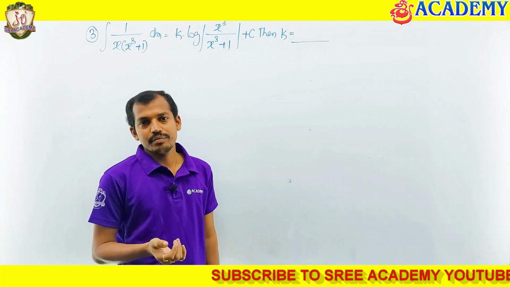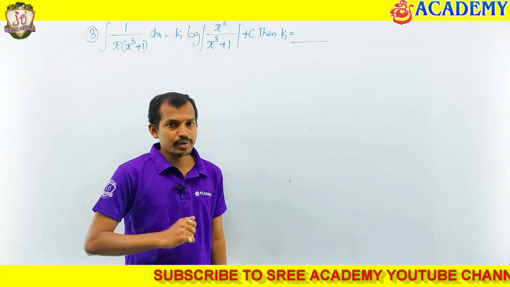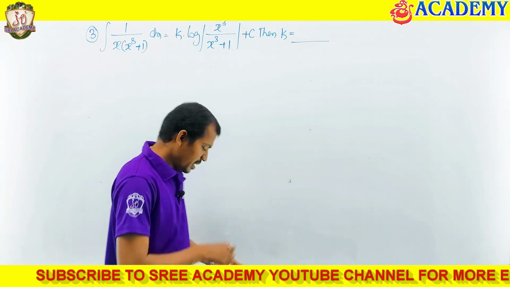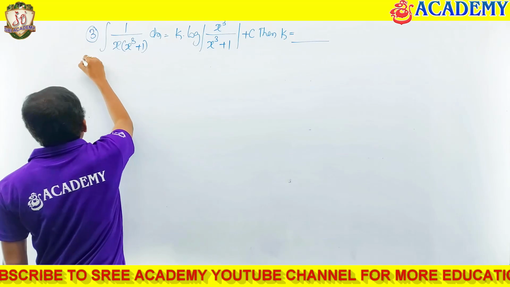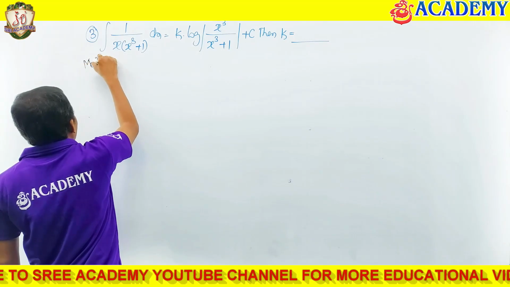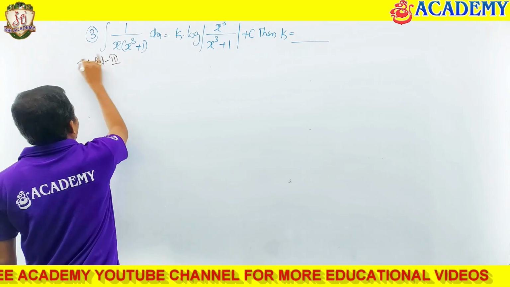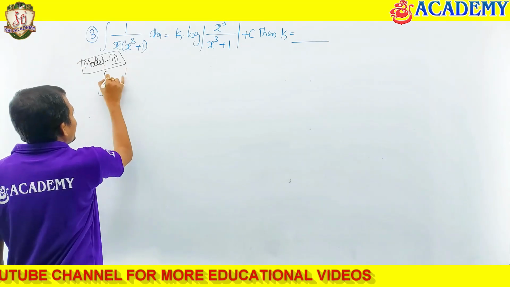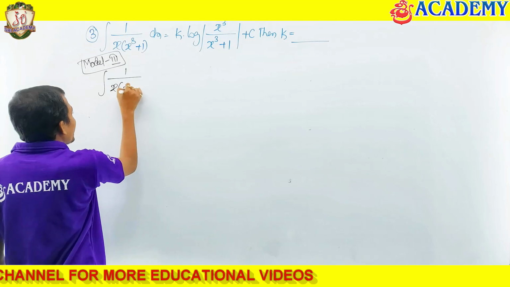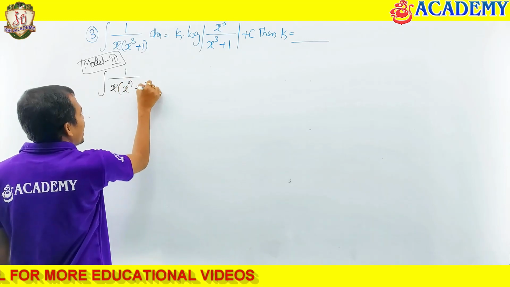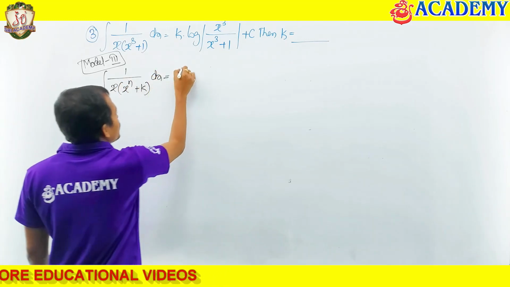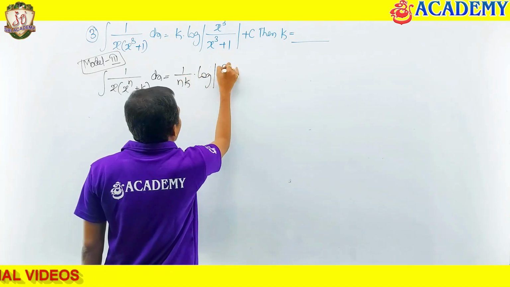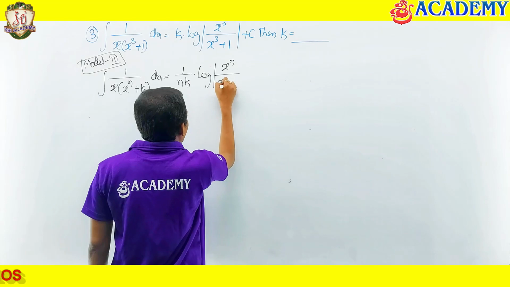Already I said with some results I am going to discuss the problems here. Here also I am going to give one more result, naming this as one more model. The formula is integral 1 divided by x into x power n plus k. The answer is going to be 1 by n into k, log of x power n divided by x power n plus k.